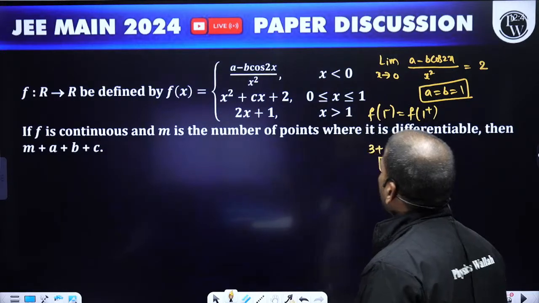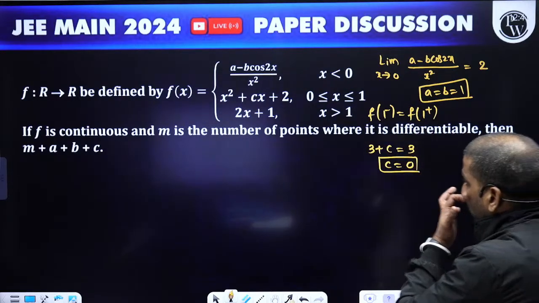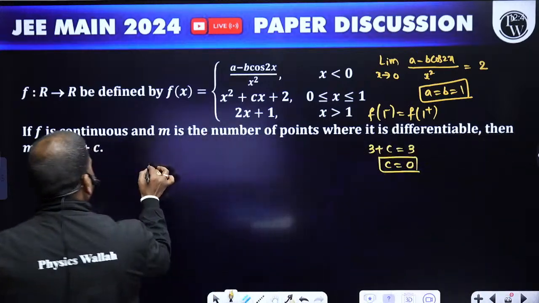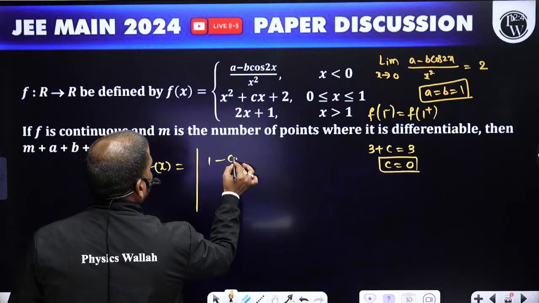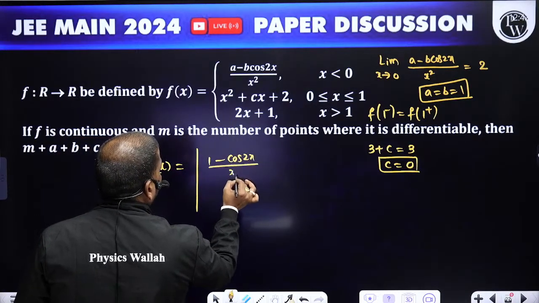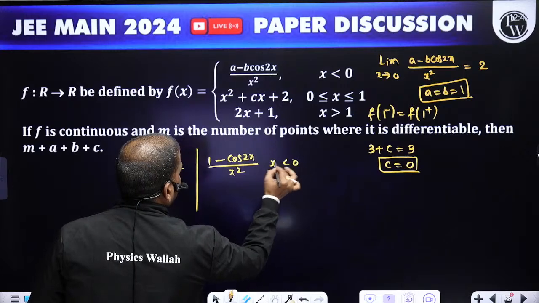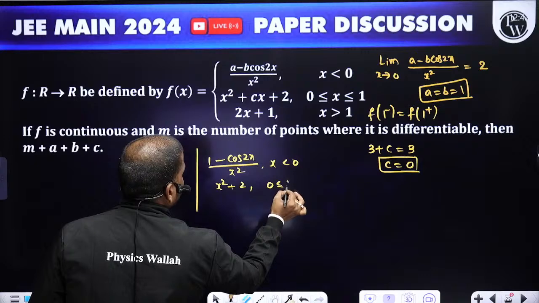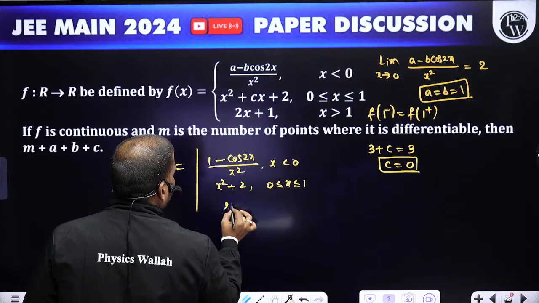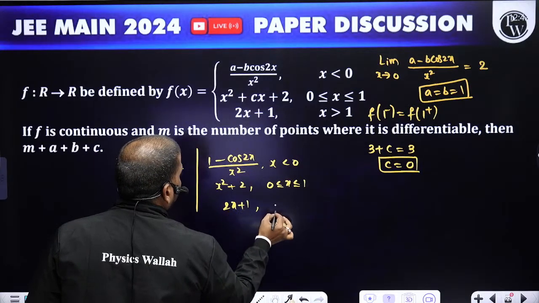Correct? c is equal to 0. So that's what it is. Now the function is 1 minus cos 2x by x square, where x is less than 0, and x square plus 2, where 0 is less than or equal to x is less than or equal to 1, and 2x plus 1, where x is greater than 1.